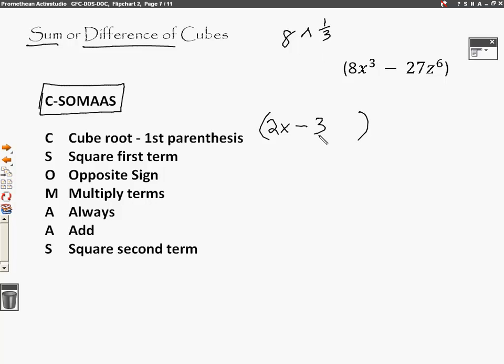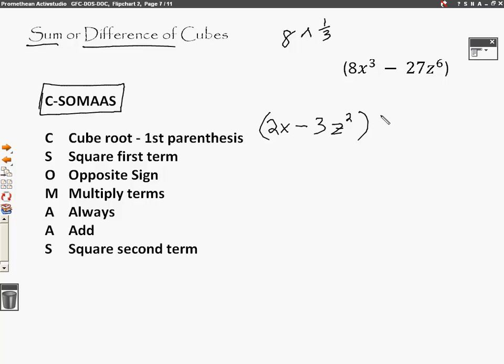And then z to the 6. 6 divided by 3 is 2, so you have z to the 2nd power. So this is your first parentheses. This is the C. That whole thing is C. You're going to take the cube root of the first thing, which is 2x, and the cube root of the second thing, which is minus 3z squared, and that's going to be your first part.